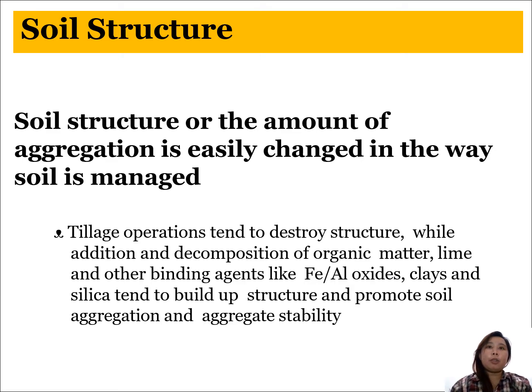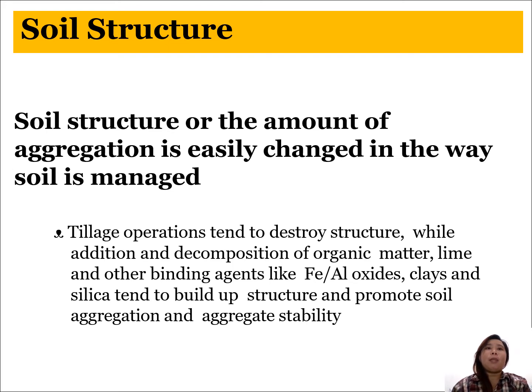The soil structure, or the amount of aggregation, is easily changed in the way soils are managed. Unlike soil texture, which cannot be easily changed, soil structure can be easily changed by the way the soil is managed.